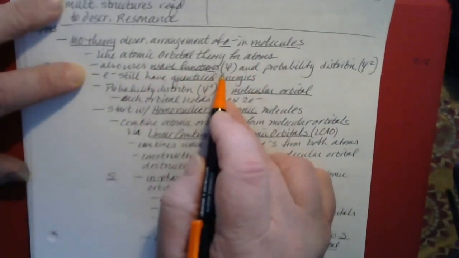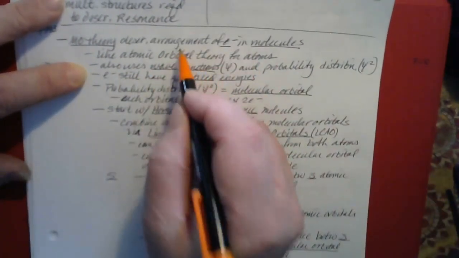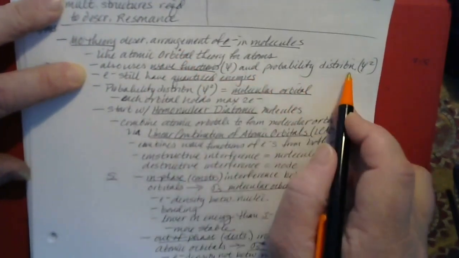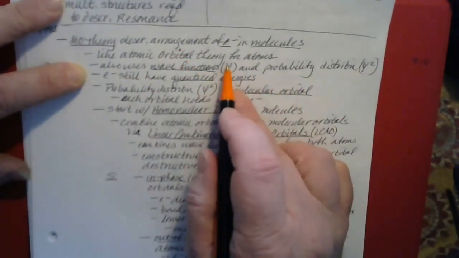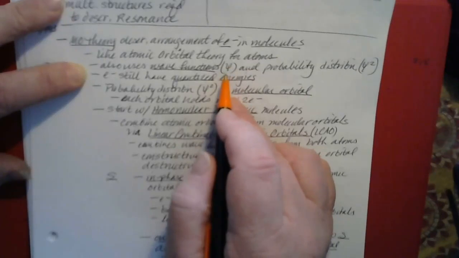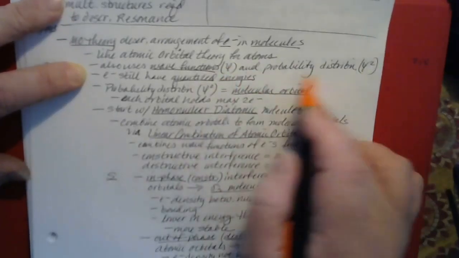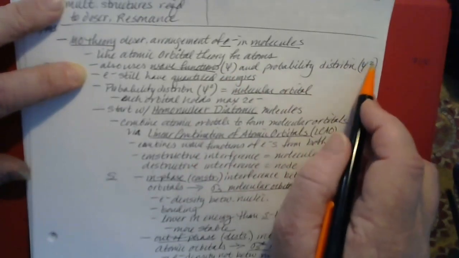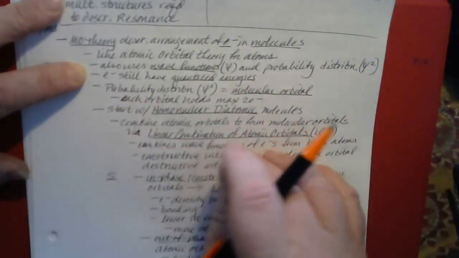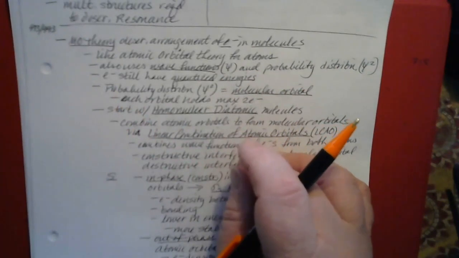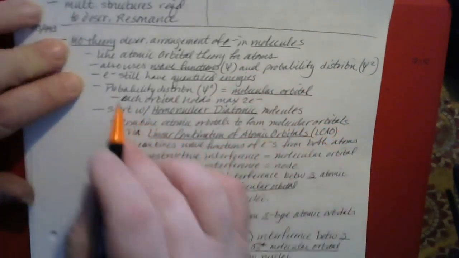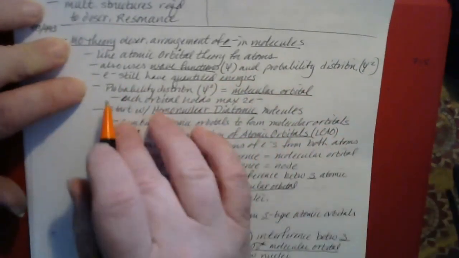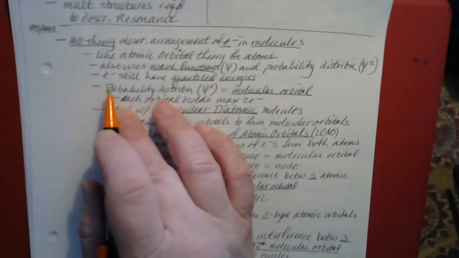It also uses wave functions, like atomic orbital theory for atoms does, and probability distributions, with the wave function represented by the Greek letter psi, and the probability function or distribution represented by psi squared. And as with atoms, we're not going to go into a lot of detail with that. Just be aware of basically what they are.